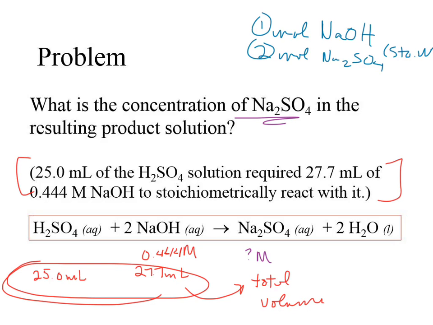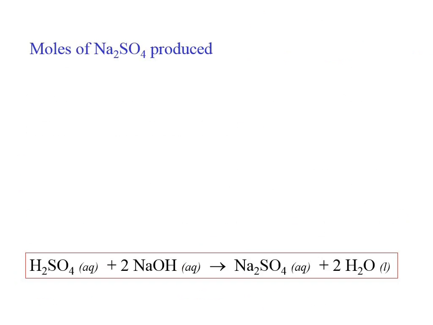So if it's okay with you, I'm going to go ahead and piggyback on that 0.0123 moles of NaOH. I'm going to go right to step 2. Earlier we said if you had 27.7 milliliters of 0.444 molar NaOH, you have 0.0123 moles of NaOH. I'll put that over 1. And then I'm going to go ahead and use the stoichiometry here. I want moles of NaOH to cancel, be left moles of Na2SO4.